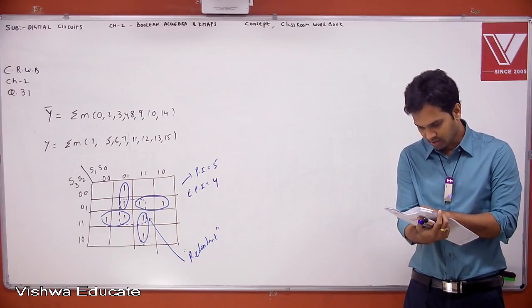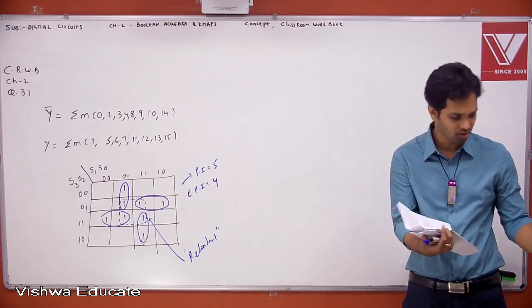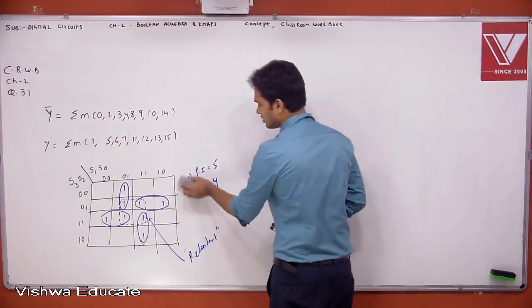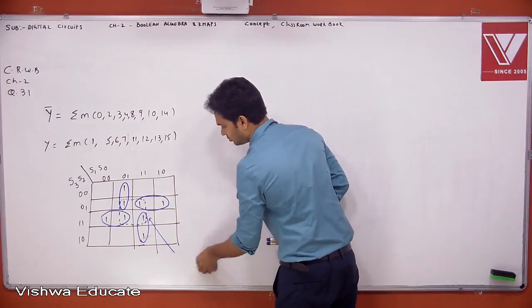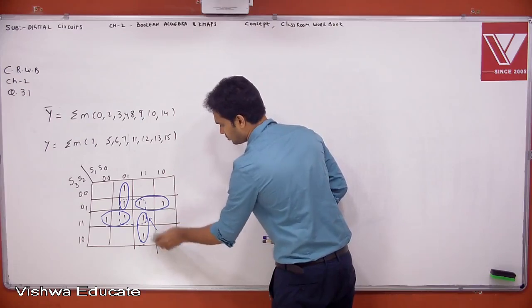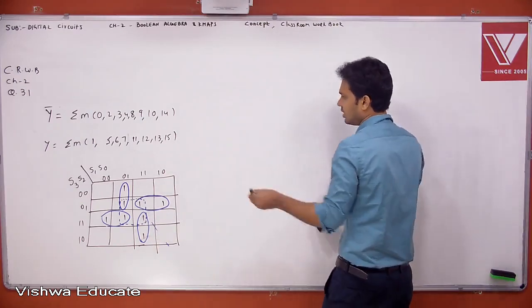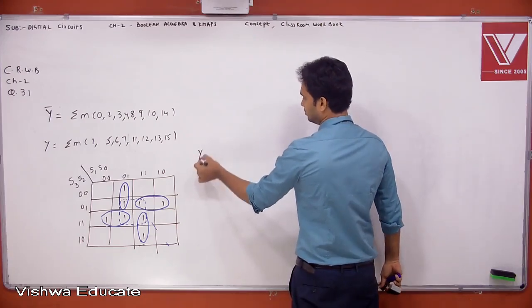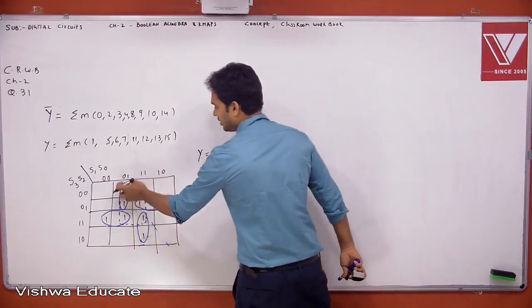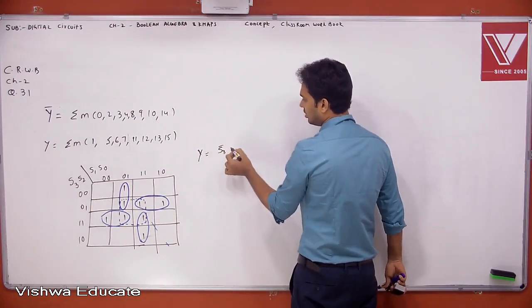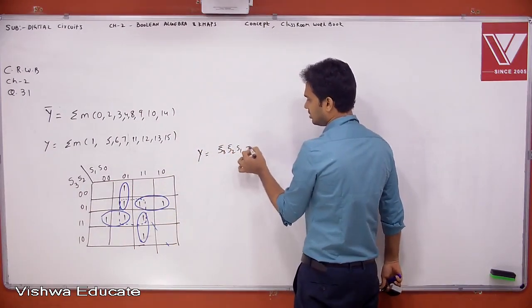Now in this question, the next part is to write the sum of products using minimum number of terms. Let us write the SOP expression for this. We have 4 pairs. So what is the answer here? For this pair, S3 bar, S2 bar, S1.